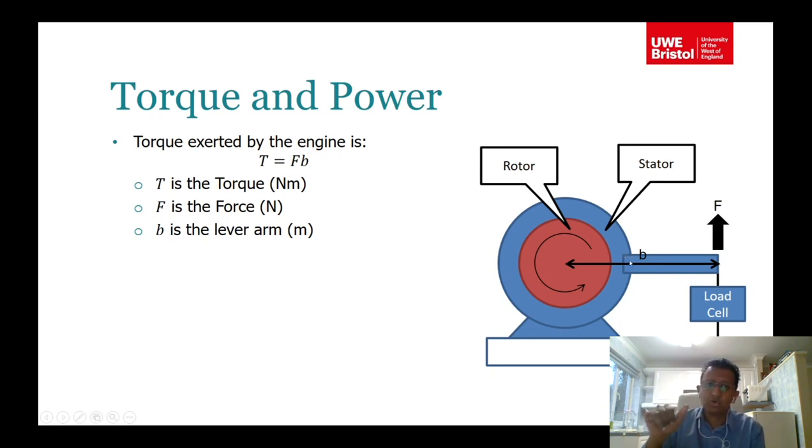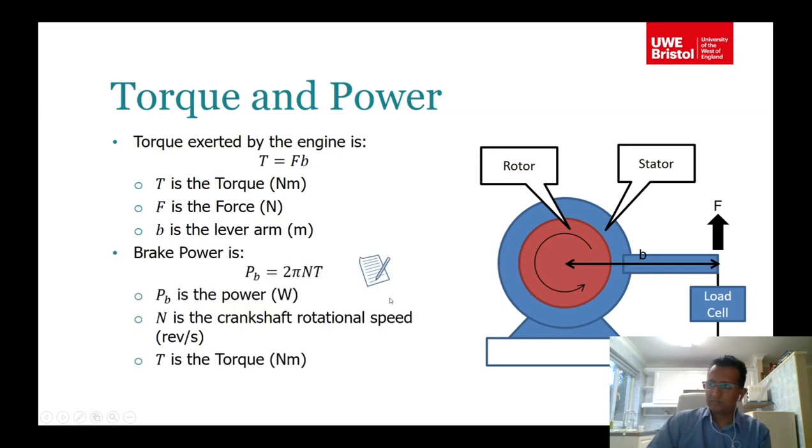If you were to have a brake at the stator, your b will be higher, so your force will be smaller, but you will have the same torque. So T is torque, F is the force, and b is the lever arm length.